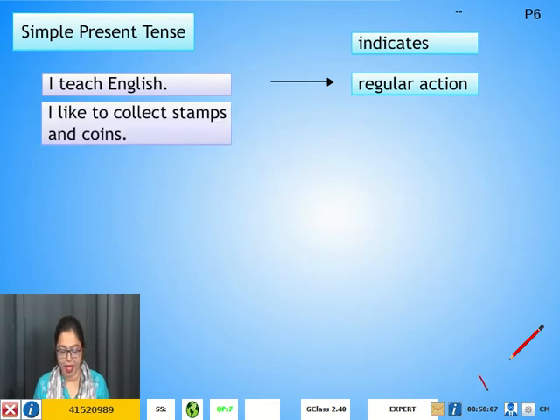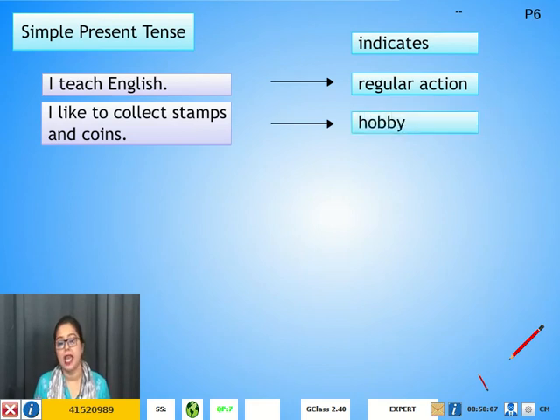Now another sentence is coming up on your screen, and what does it indicate? I like to collect stamps and coins. It indicates a hobby, that means something which you like to do in your leisure time, in your free time, isn't it?